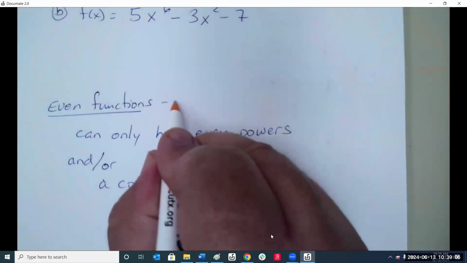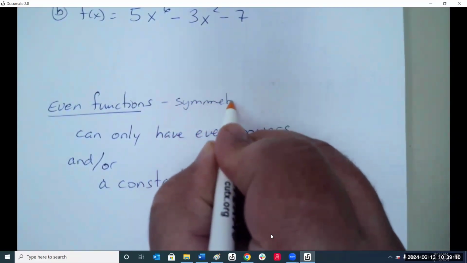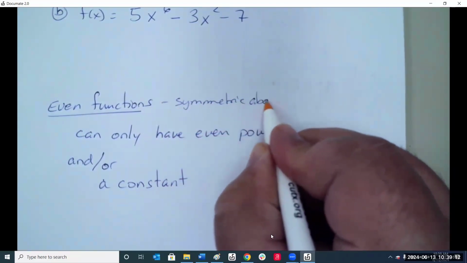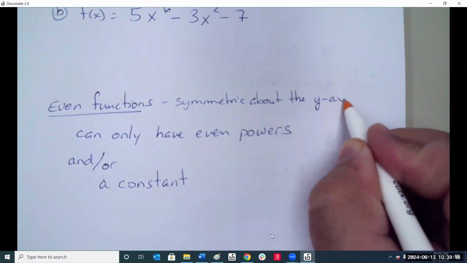Remember, even functions are symmetric about the y-axis.